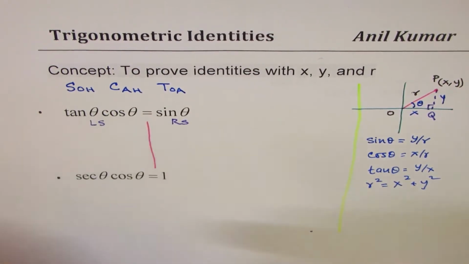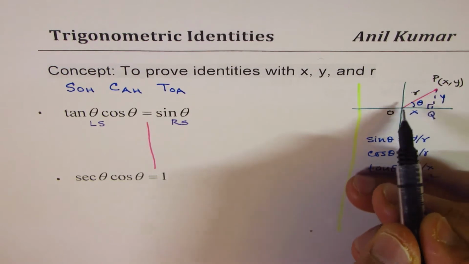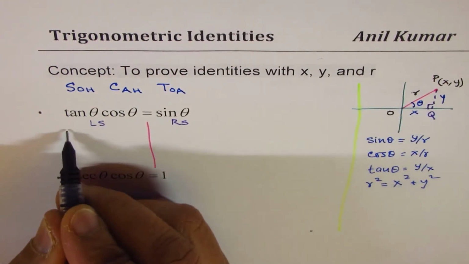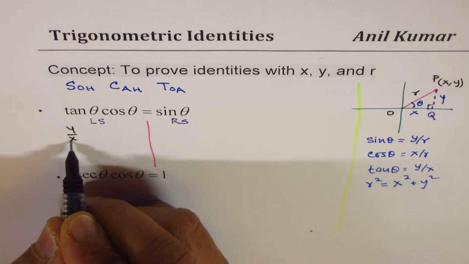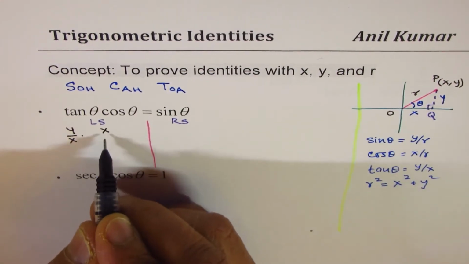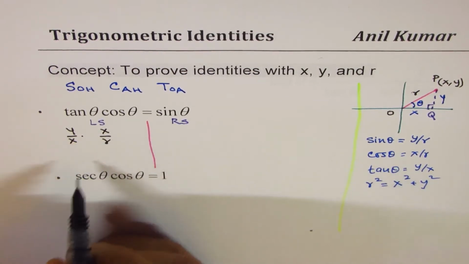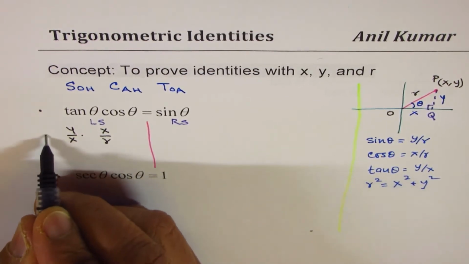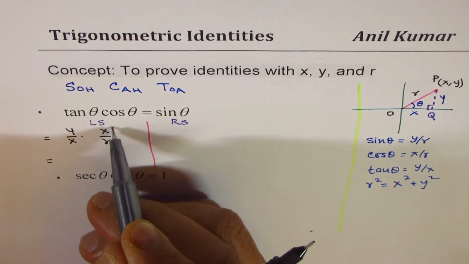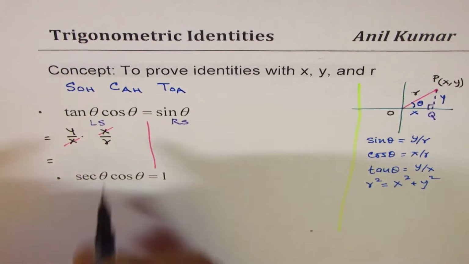Tan theta, if you look into this triangle, is y over x. So we'll write tan theta as y over x. Cosine theta is x over r. Now x and x cancel, so the left side reduces to y over r.